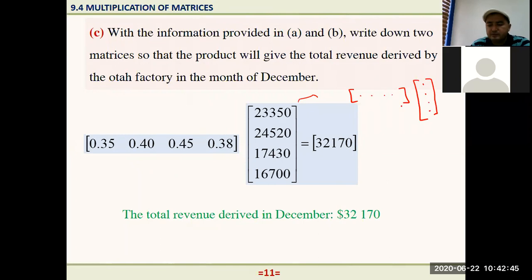Okay, it doesn't matter how you write this, but make sure that it's possible to multiply these matrices and it gives us the total cost. So if you multiply this, the total revenue derived in December by the factory is $32,170. Okay, that's all.